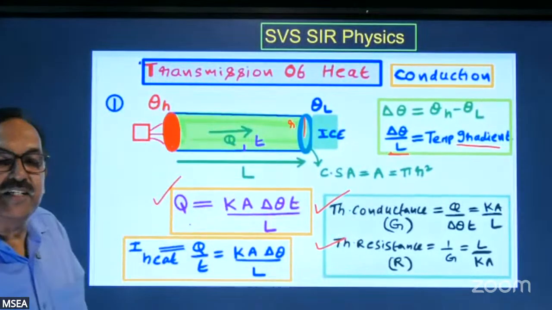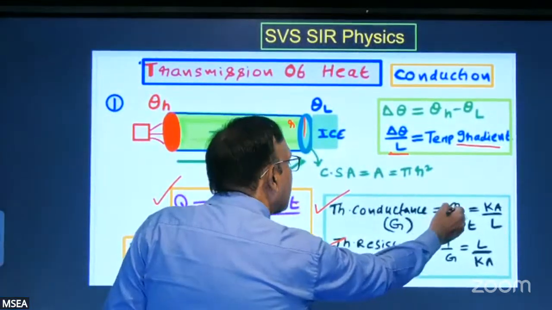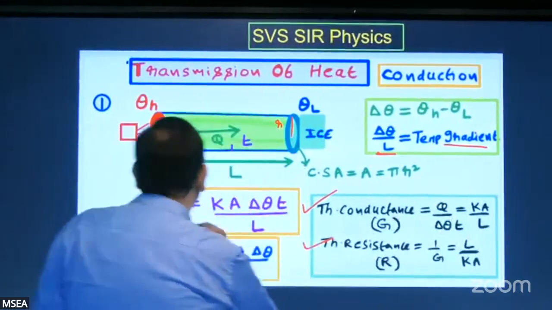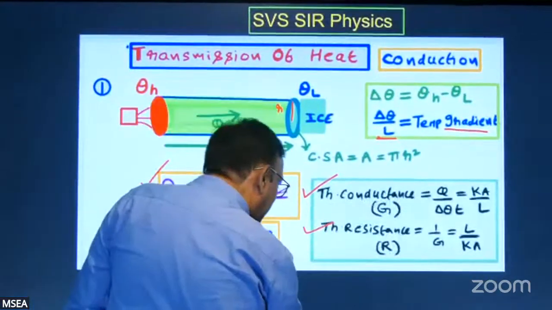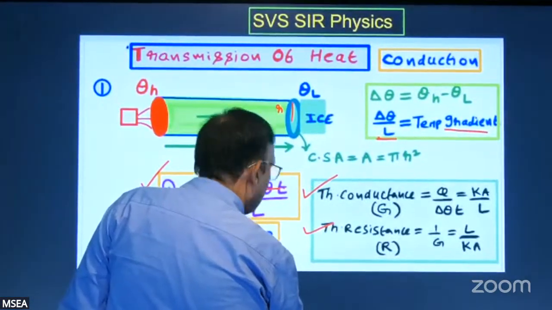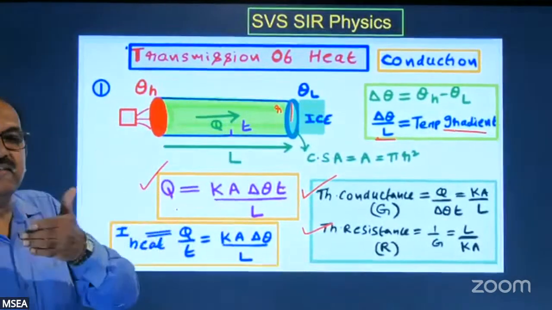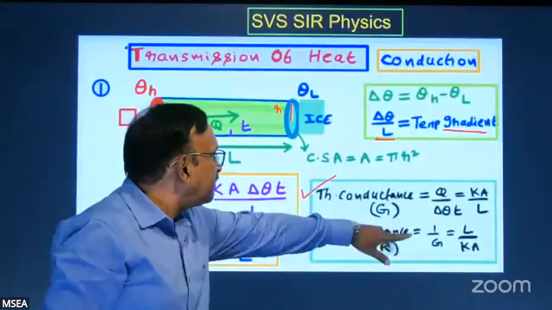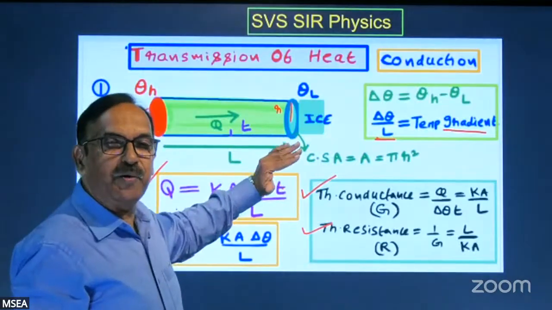Thermal conductance is defined as the quantity of heat energy transported per unit temperature difference per unit time, Q by delta theta T. If you take delta theta by T to this side, you get K A by L. This is the first point about thermal conductance. The reciprocal of conductance is known as resistance, and thermal resistance is 1 by G, which comes to be L by K A. So very frequently we have to use these points.